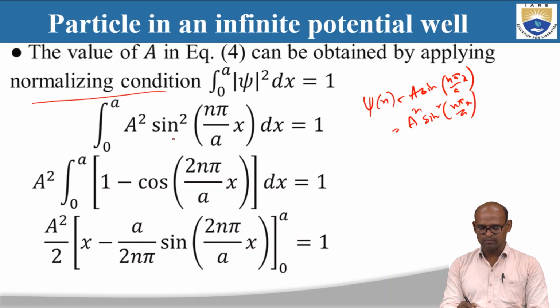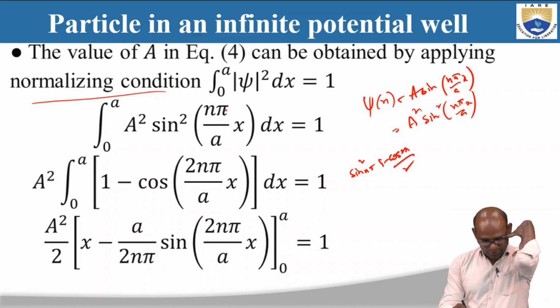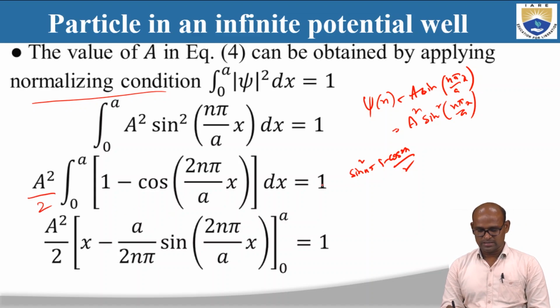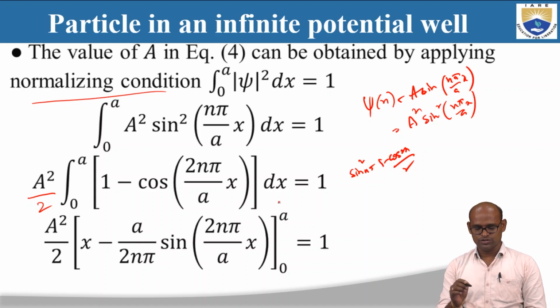I am rewriting sine square x as 1 minus cos 2x by 2, with the 2 inside, into dx equal to 1, since mod psi square dx must be equal to 1 as per the normalization condition.